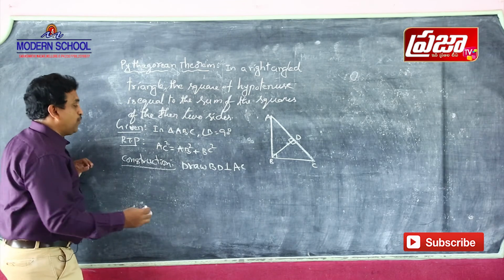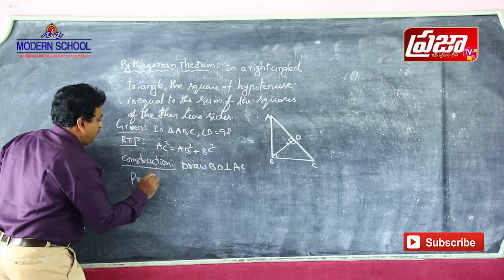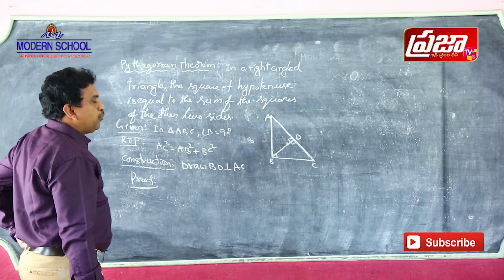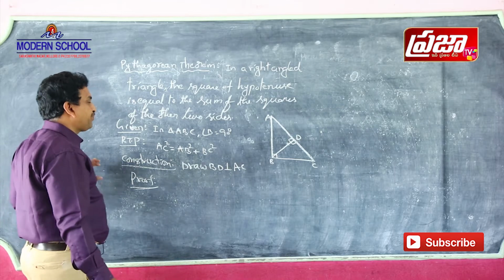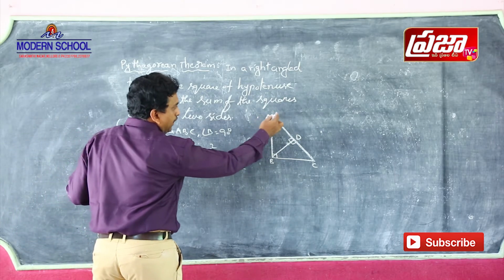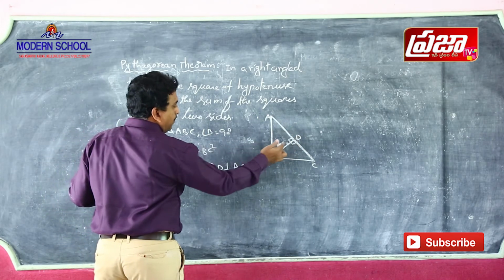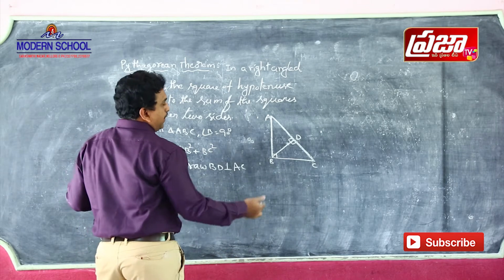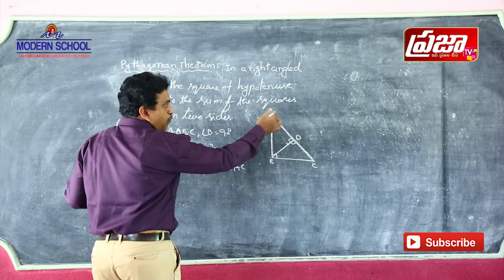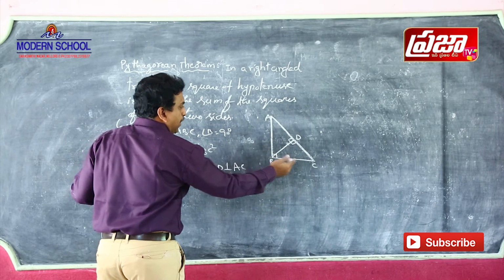Now we go for the proof. So how to prove it? First of all, take the small triangle ADB and the big triangle ABC.